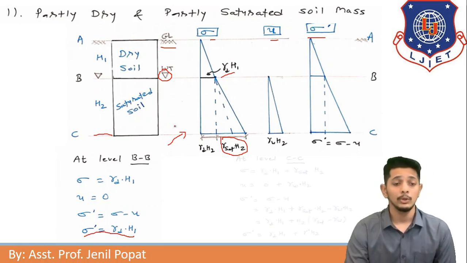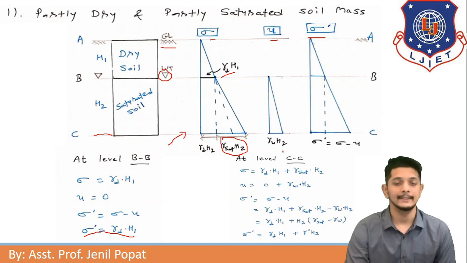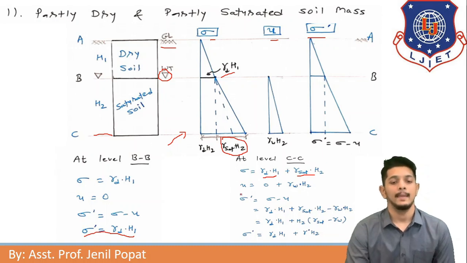Now let us go to level CC. Here total stress will be gamma d into H1, which is coming from dry soil, and gamma saturated into H2, which is coming from saturated soil. Pore water pressure at level BB was 0, but at level CC there will be some pore water pressure, which is gamma W into H2, as we have discussed in the figure.